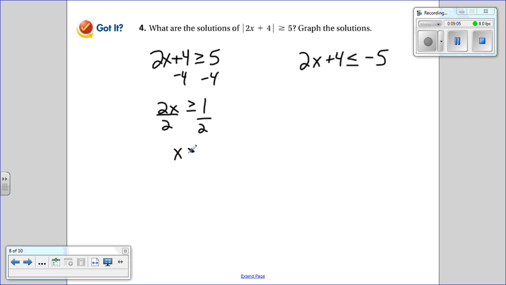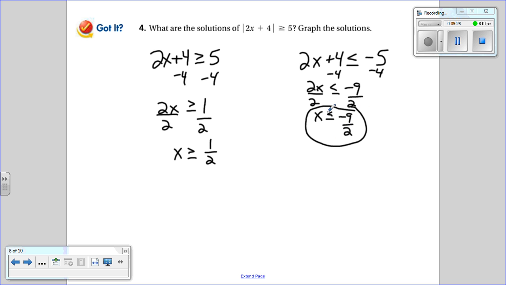And in this case, x is greater than or equal to 1/2. And over here, divide by 2. x is less than or equal to negative 9/2. So we have x less than or equal to negative 9/2, and x greater than or equal to 1/2.